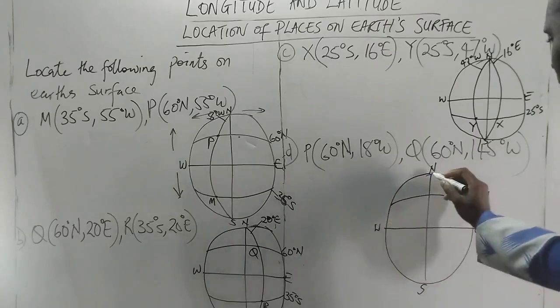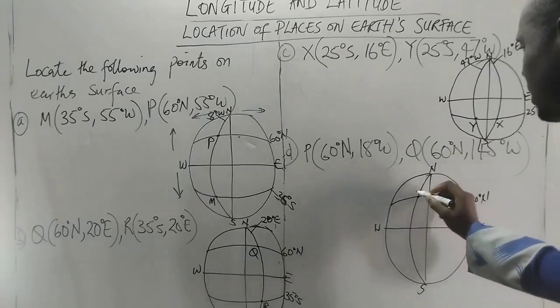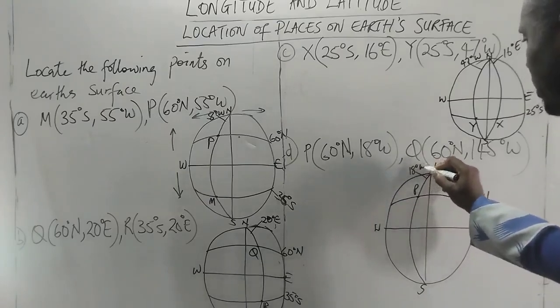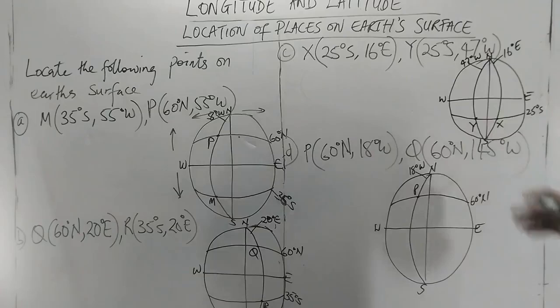This is west. So where the two meet becomes your P. You can see how I take my time to label them. Then the next one, Q, 60 degrees north. We have drawn that already.